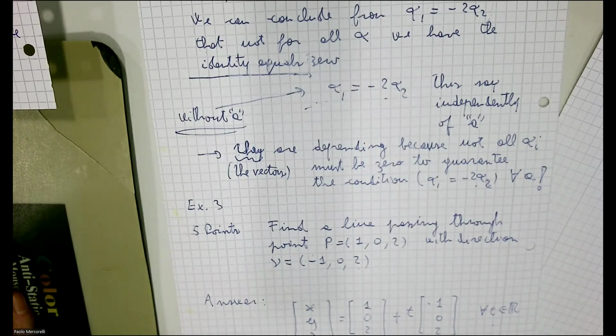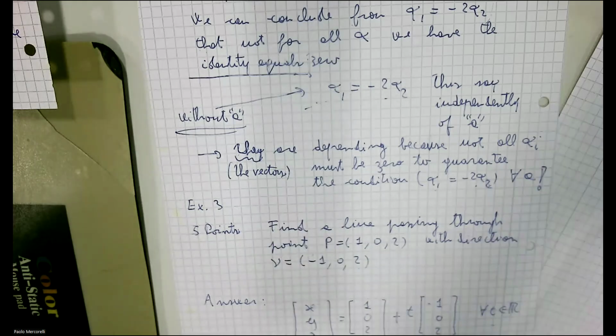If the parameter states for some value that we have a vector 0 in the set, each time we have a vector 0 in the set, we have a set which is dependent. Why that? Because the coefficient which multiplies the vector 0 for this specific A parameter not necessarily must be 0.